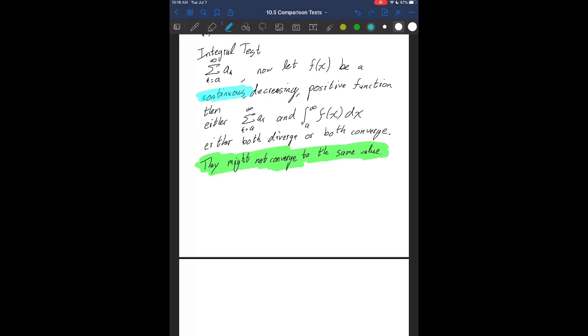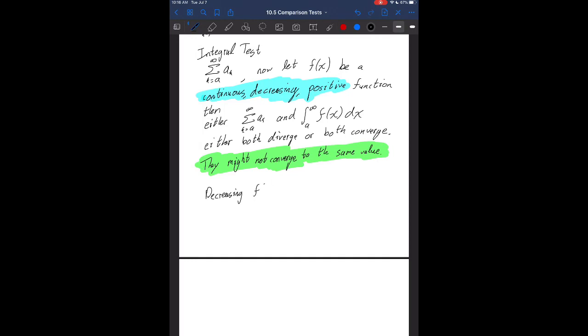So another important thing to note about this is we do have these three conditions on our function, right? We need it's continuous, we need it's decreasing, and we need that it's positive. And these are just things you'll need to check on your actual function, right? Decreasing means we're always going down. So decreasing, it's the same as saying it has a negative first derivative if we go out far enough.